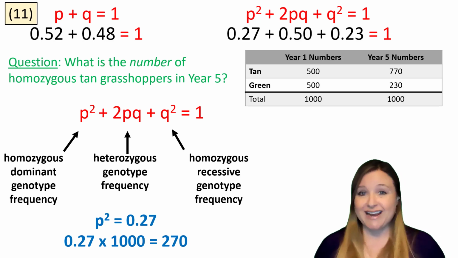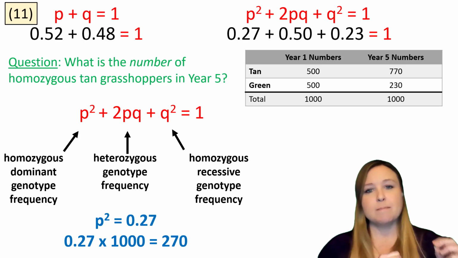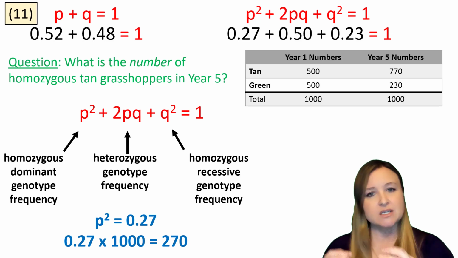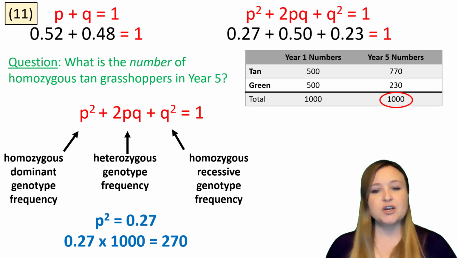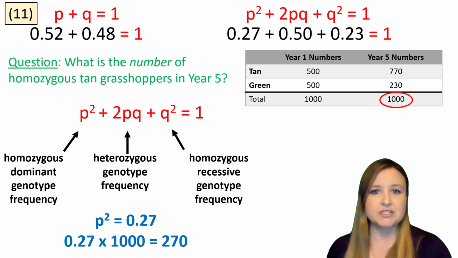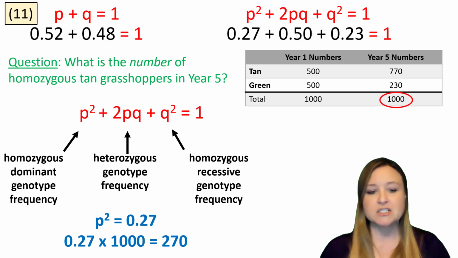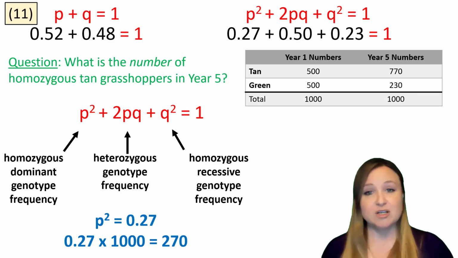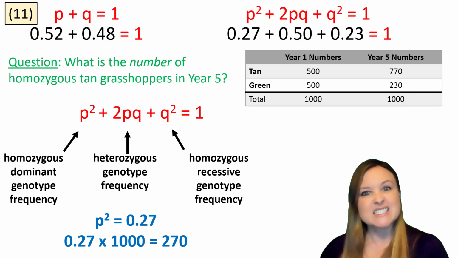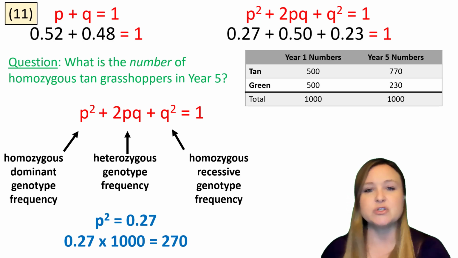Now, one thing I want to point out is that you multiply the frequency that you found by the total number. There were 1,000 grasshoppers at year 5, so you have to multiply 0.27 by 1,000. You do not multiply it by 770. 770 shows you the number of tan grasshoppers.